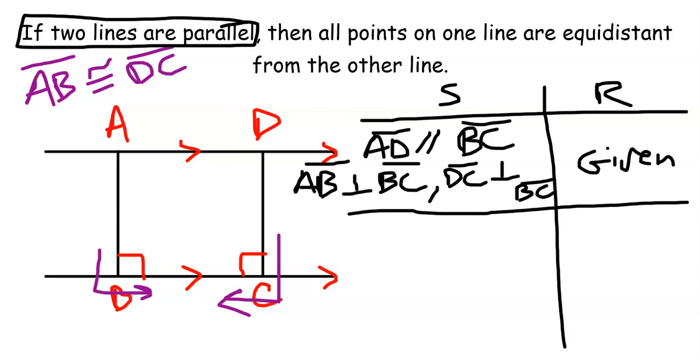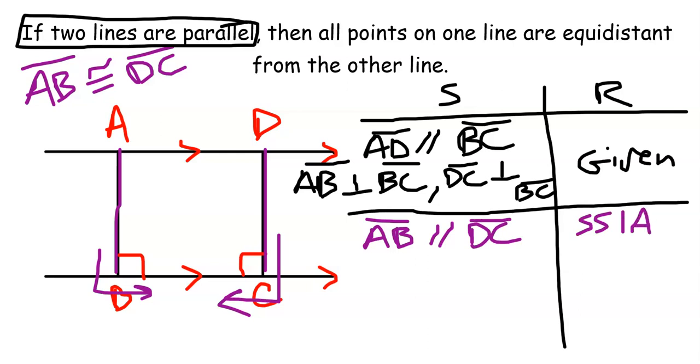And they're also same side interior angles if BC is a transversal for AB and DC. And because they're both 90 degrees, 90 plus 90 is 180, those angles are supplementary. And so we know that AB and DC are parallel because of the same side interior angles theorem.